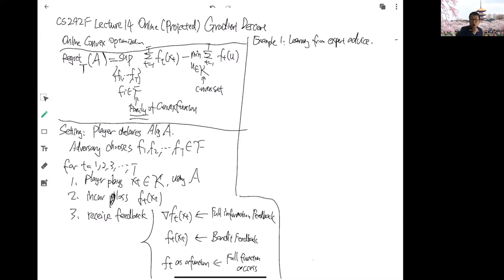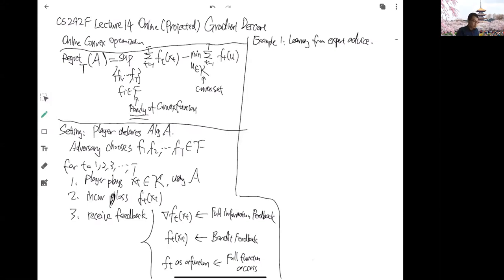Recalling this setting, there is a panel of experts who offer advice on stocks to buy, or on whether a stock will go up or down, and you have to choose among them without knowing which one is the actual expert, which one is going to make fewer mistakes, and so on. At the end of the day, you want to keep playing this game and do as well as the best expert in hindsight throughout the game.